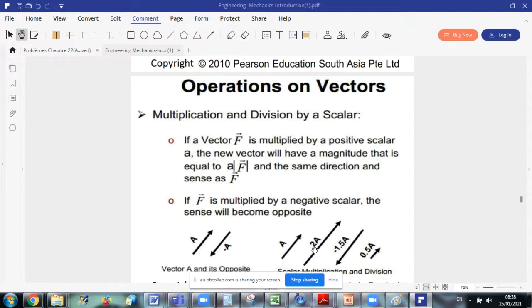If I multiply it by 2, I will have a vector of the same direction and sense, but with a magnitude that is doubled, okay? And if I multiply it by a negative scalar, then it will be in the opposite direction. If I multiply by -1.5, I'll have a vector of opposite direction, but the magnitude is just multiplied by 1.5.